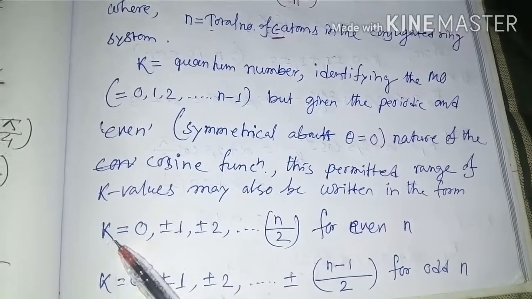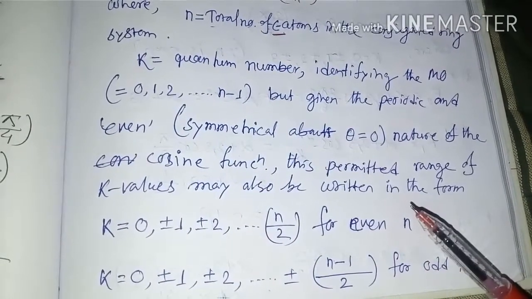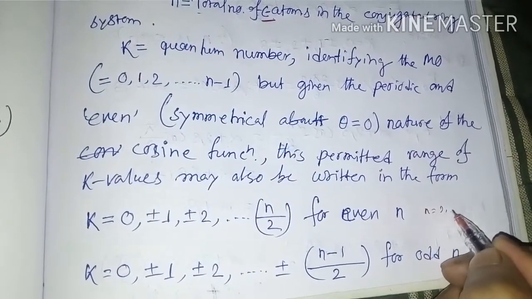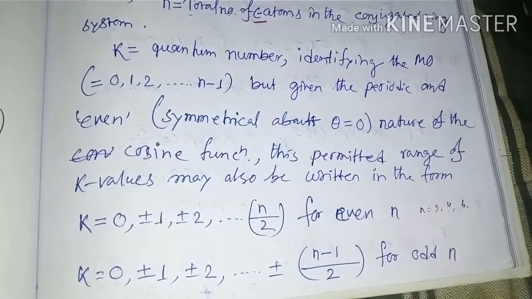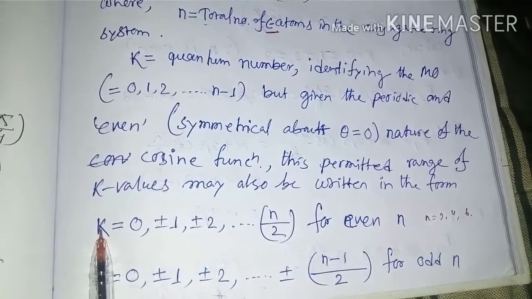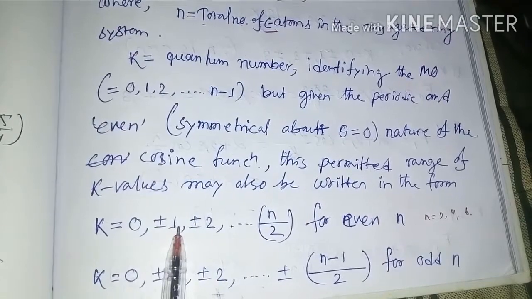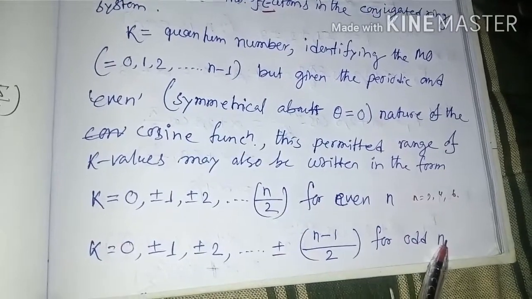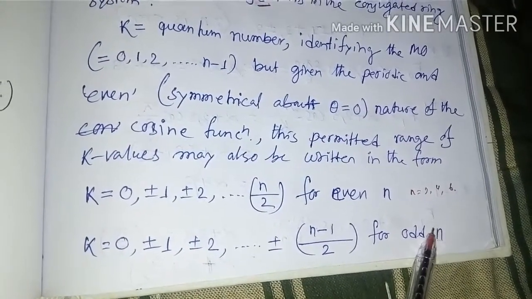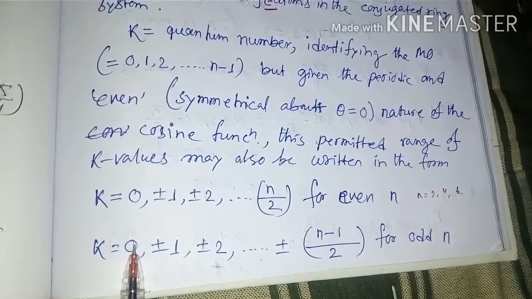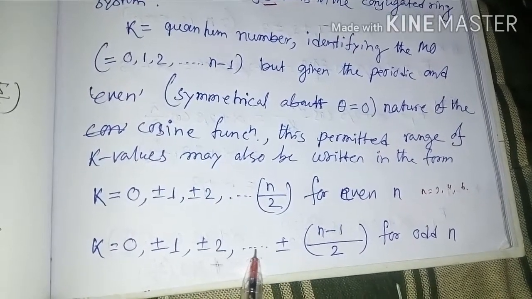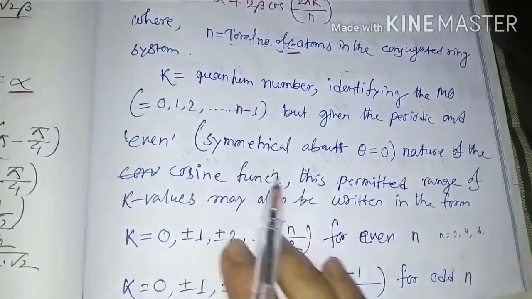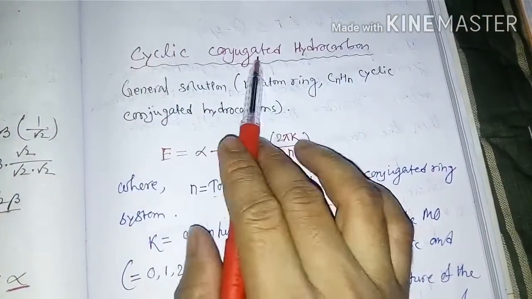If n value is even, suppose 2 4 6 like this, then k equal to 0, plus minus 1, plus minus 2, ... n by 2. If n value is odd, 1 3 like this, then k value 0, plus minus 1, plus minus 2 and ... plus minus n minus 1 divided by 2. Okay, so this is the formula for cyclic conjugated hydrocarbon.